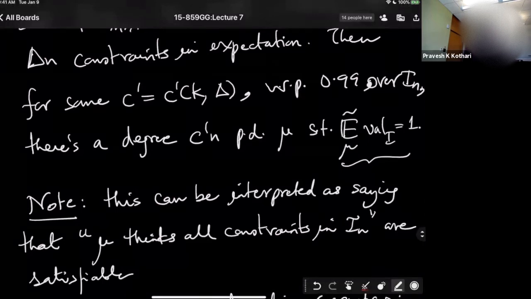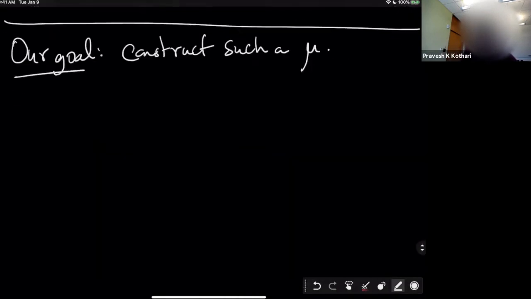This theorem is saying that if you make the degree 2n into C prime n for C prime which is a sufficiently small constant, well, then the pseudo distribution doesn't even know that the instance is unsatisfiable. Okay. I'm just repeating the conclusion in different ways just to give you a sense of what's happening here. Very good. So, how do we construct such a mu, right?